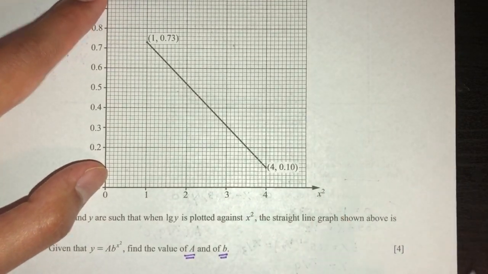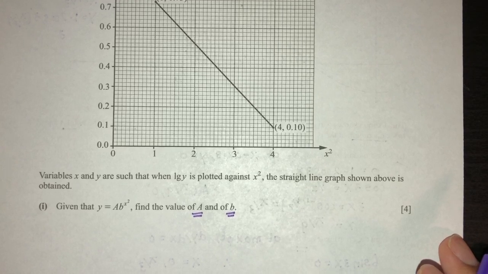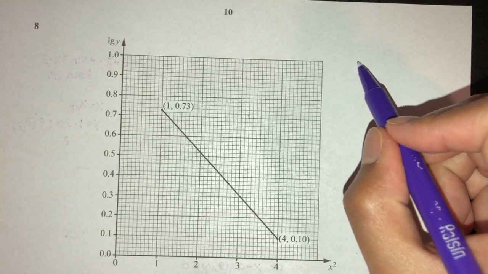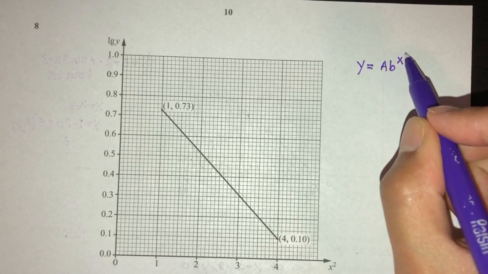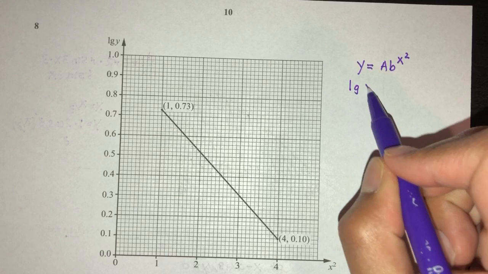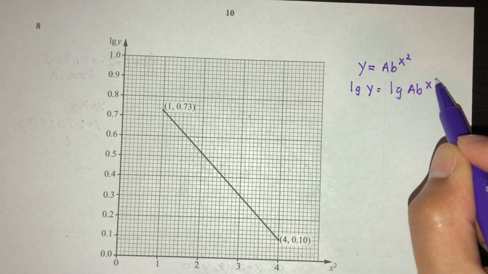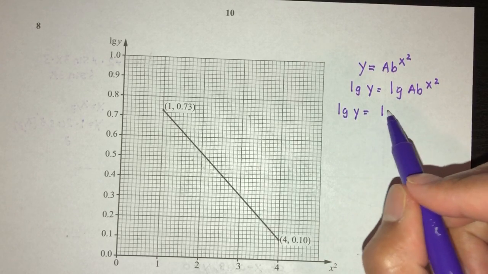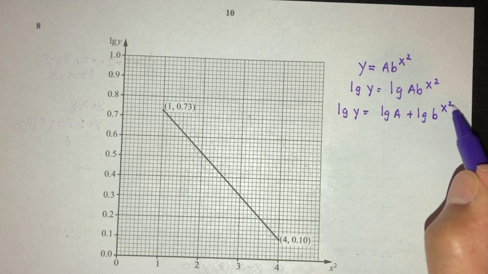y and x squared. So we can do this by taking log on both sides, right? So let me do this on the space here. So we have y equal to a b x squared. If we take log on both sides, you will have this thing. Now we can simplify. That will be log y equal to log a plus log b x squared.